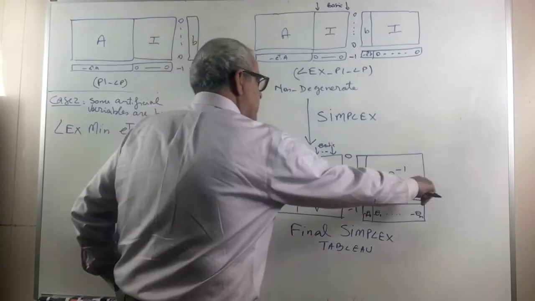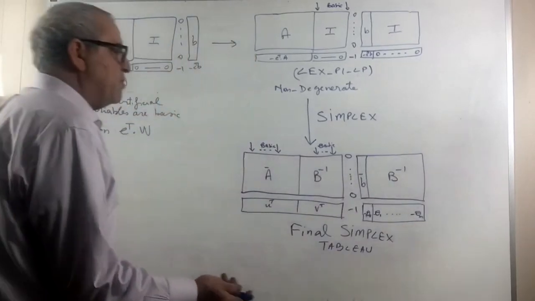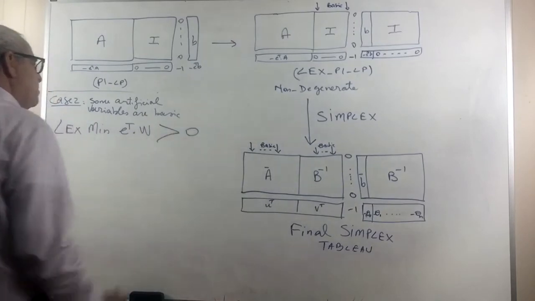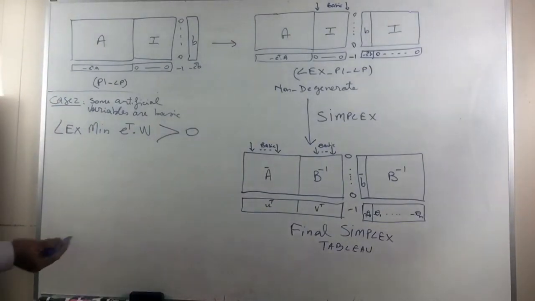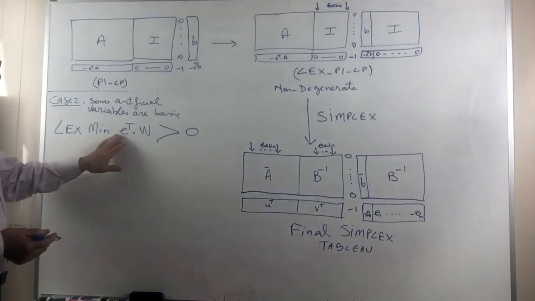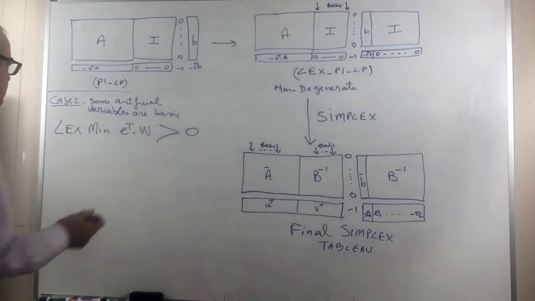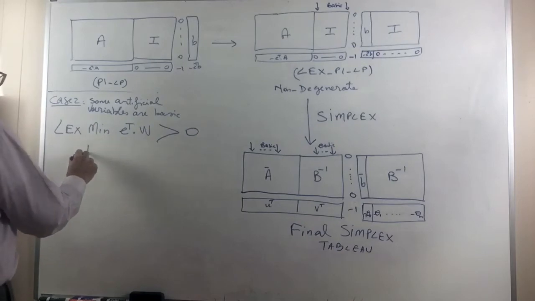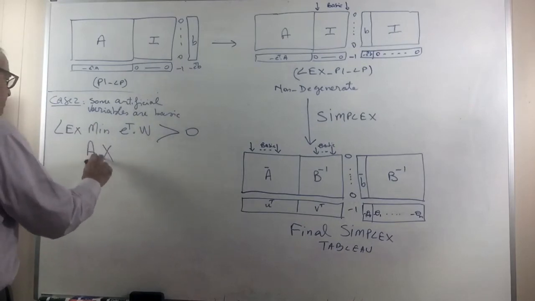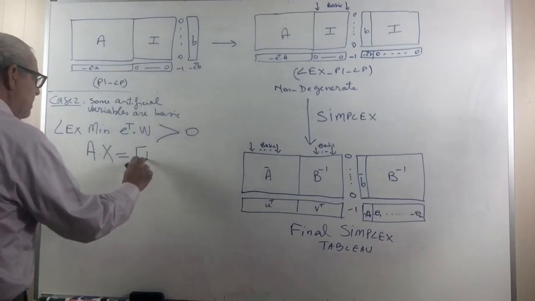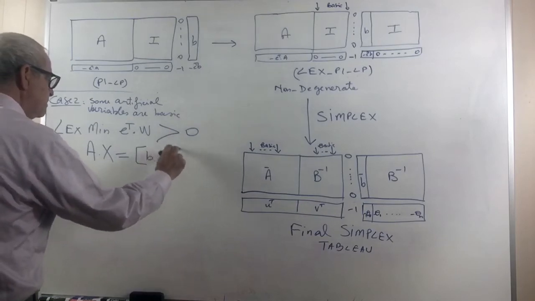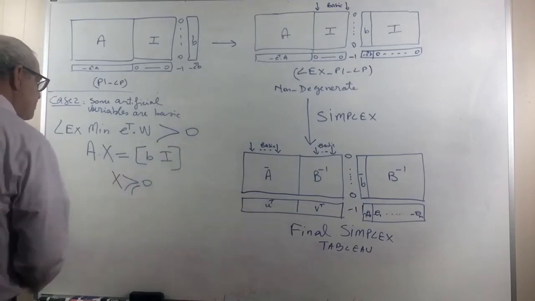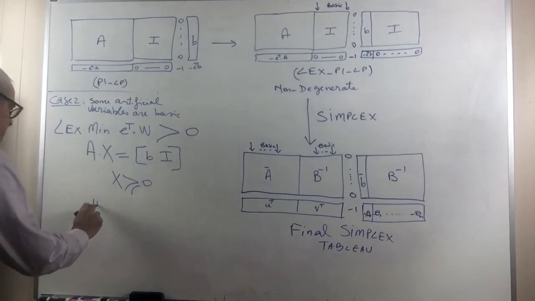But each right-hand side is strictly lexicographically positive. And remember, when the objective of phase 1 is strictly positive, that means the corresponding linear system is infeasible. So A dot X equal to B(i), X lexicographically greater or equal to 0, this is infeasible.